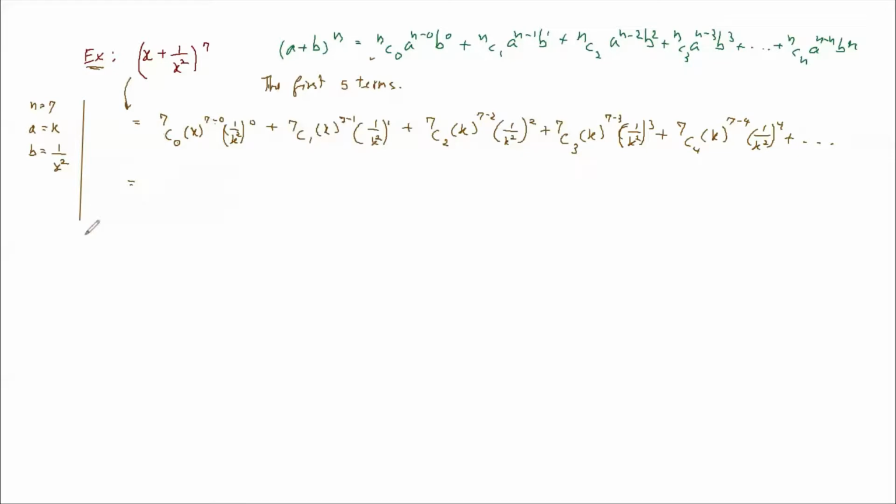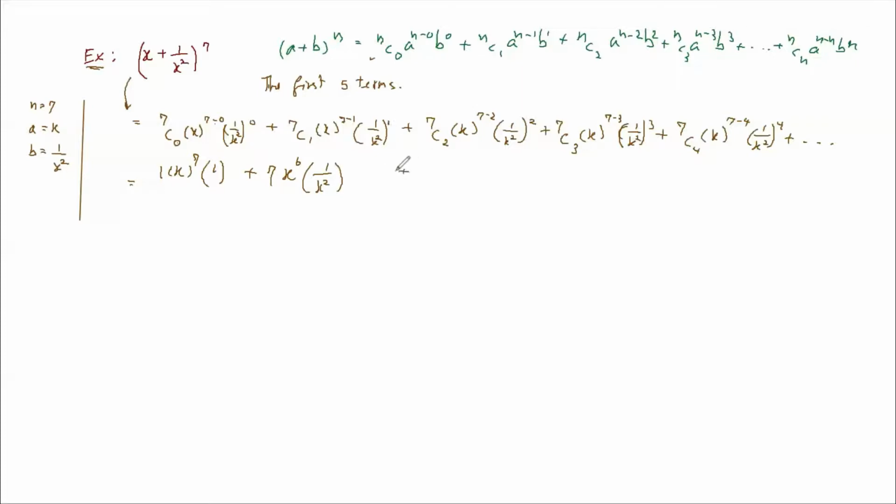7c0 is 1. Then times x power 7, right? Times this one is a 1, because power 0 is always 1. Plus 7c1 is 7. Then times x to the 7 minus 1, we left power 6, times 1 over x power 2, because power 1, right?